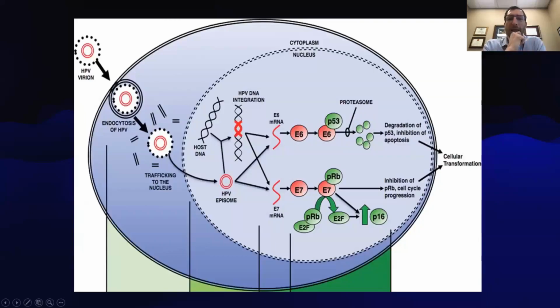Now compare that to the HPV virus. This is the other mucosal-based cancer. The key to remember when we're talking about the difference of these 2 cancers is that where you see in the green, where it says P53 and PRB, the P53 is a protein, and the PRB is called the retinoblastoma.